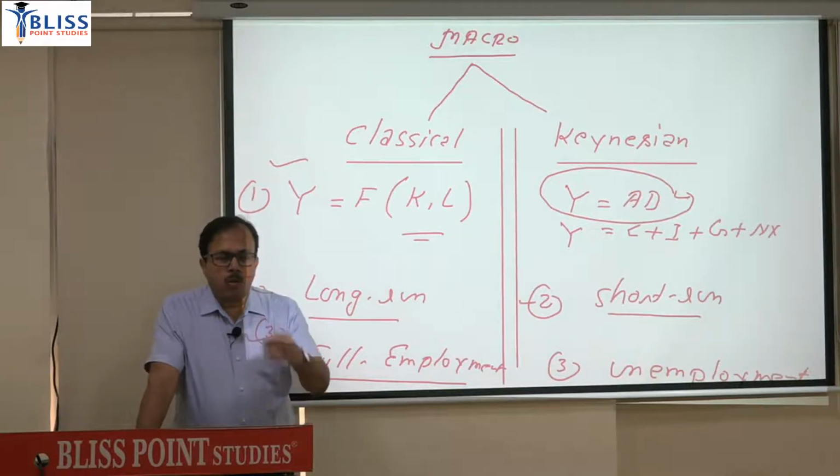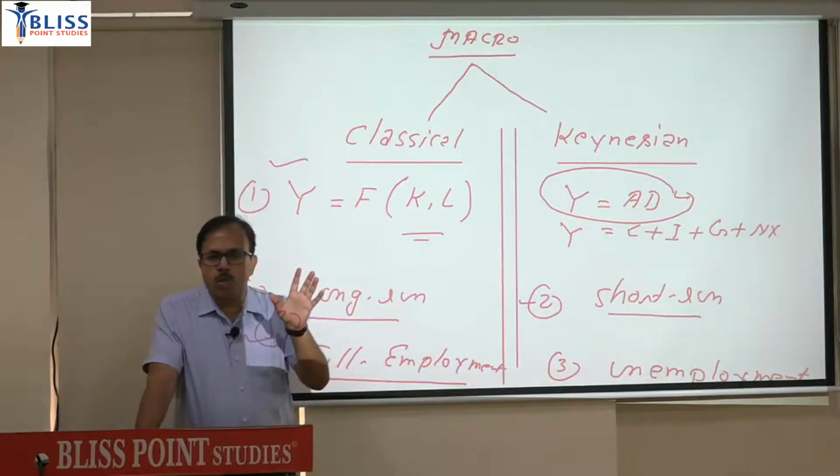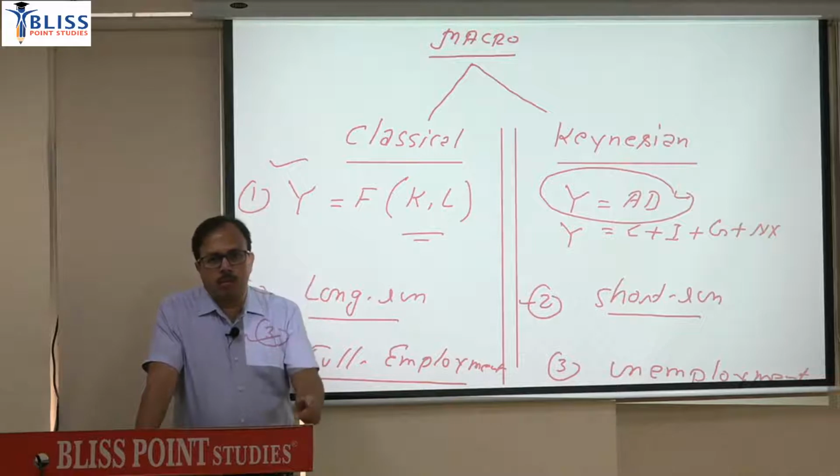The entire macro is basically designed around this important question for any country: what determines economic development? The aim of every country is to develop, but what determines development? There are different answers to that, based upon the different principles that you follow.